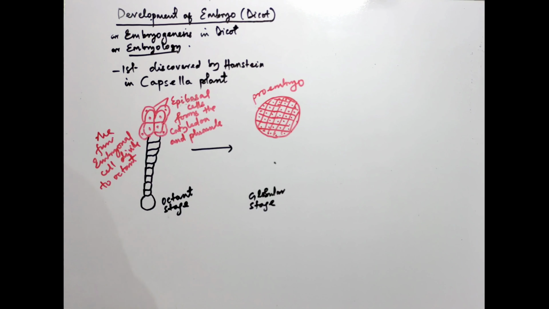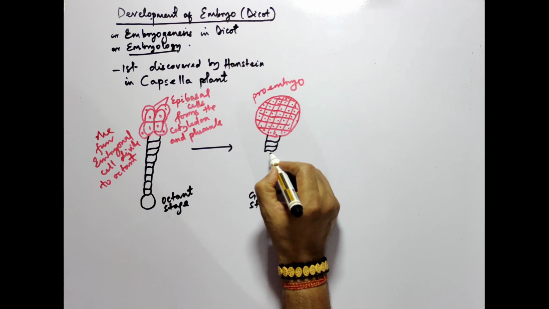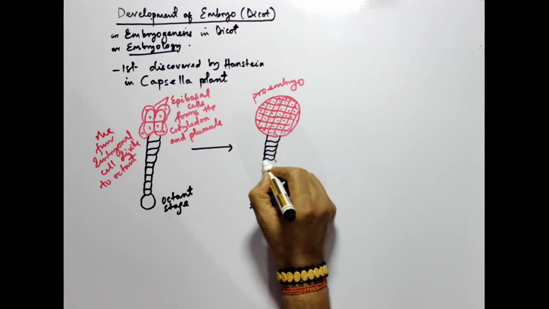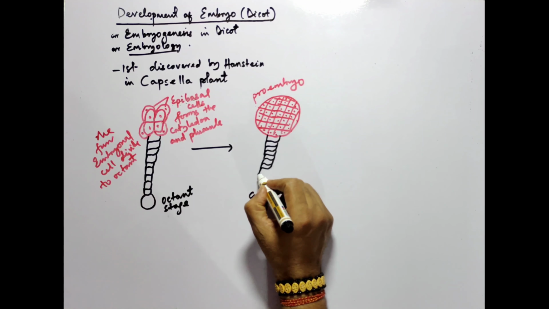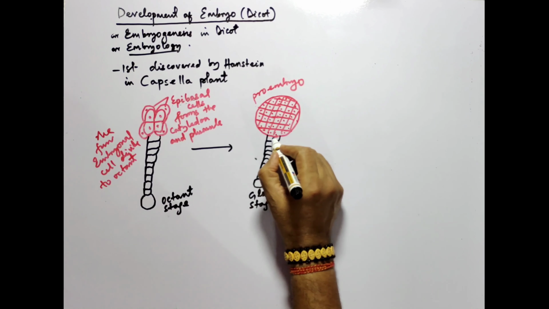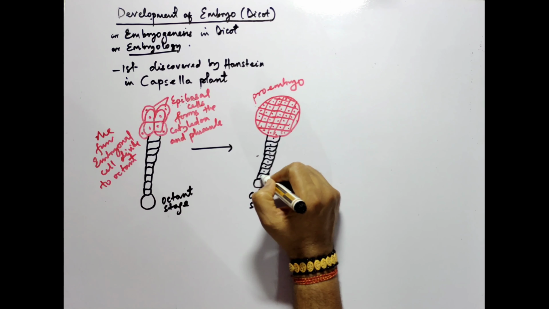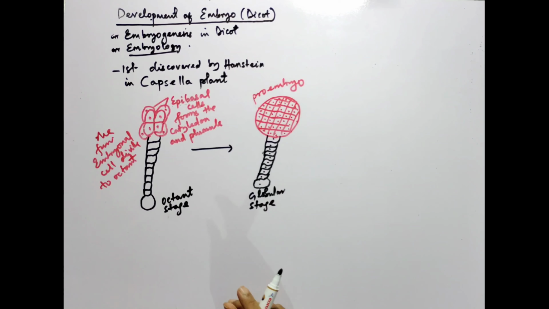And here the suspensor is there. So this is called your globular stage. Particularly due to the division, the octant divides periclinally.